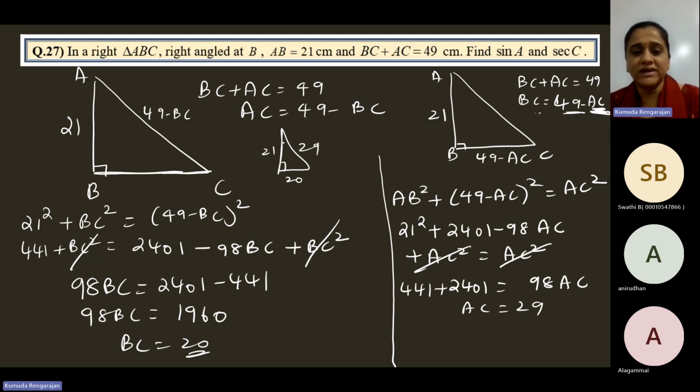Now we have to find sine A. Sine A is opposite by hypotenuse, 20 by 29. And then secant C is hypotenuse by adjacent, 29 by 20.